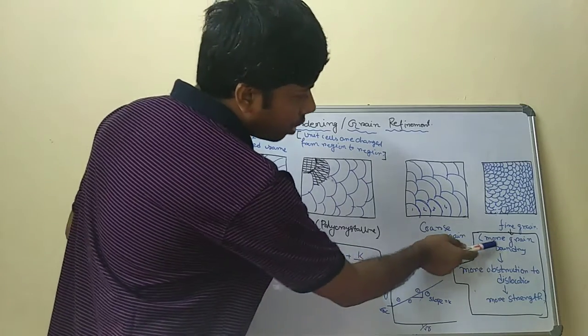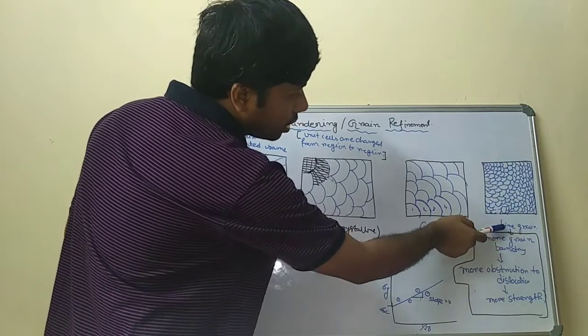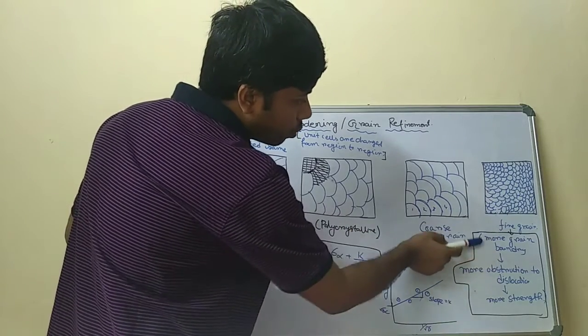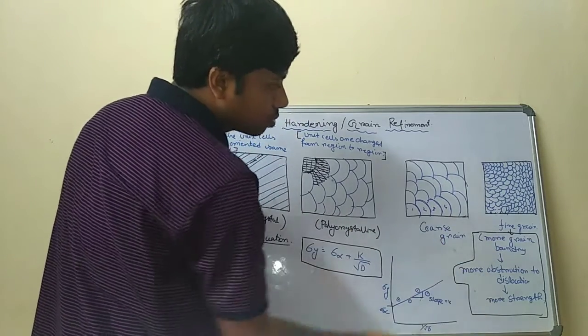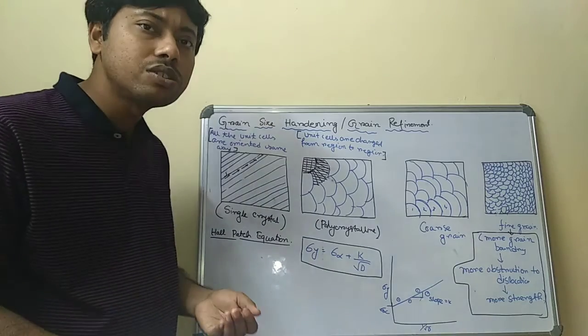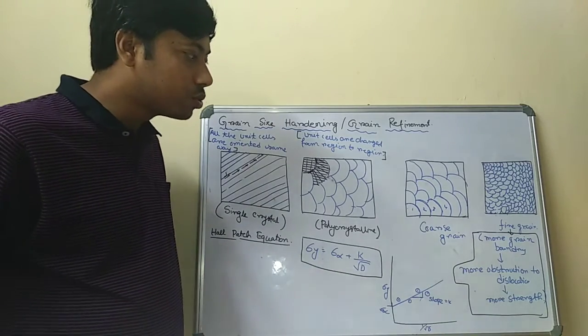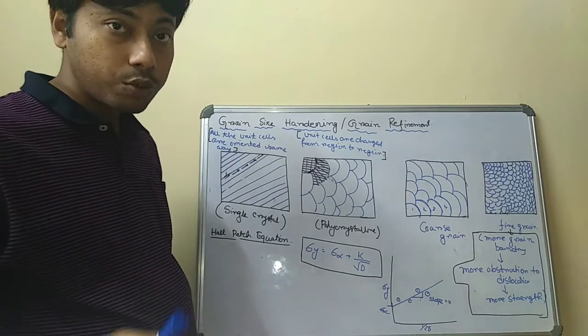With more grain boundaries in the case of fine grain, there is obviously more obstruction to dislocation. If there is more obstruction to dislocation, they produce more strength.